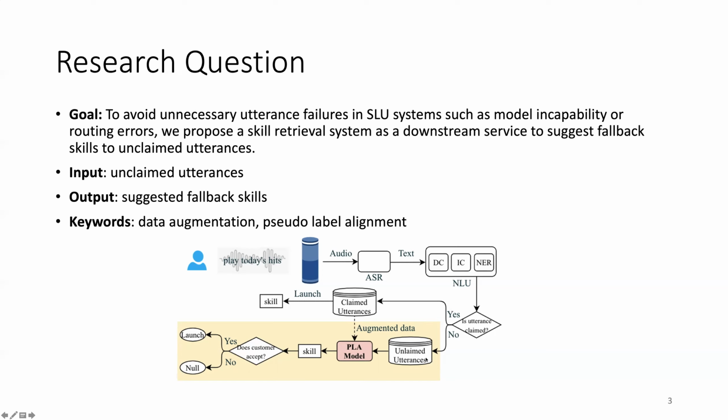They might still be of good quality to assign some appropriate skills. Through the PLA model, we will suggest the best suitable fallback skills and ask whether the customer is satisfied or not. If the customer is satisfied, we will launch the skill. Otherwise, we will still return saying that, sorry, we cannot handle it.